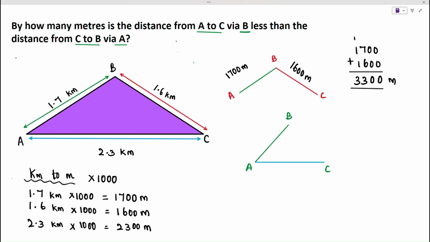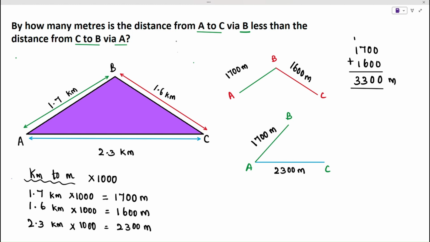Now we're going to do our second journey, C to B via A. The distance from C to A is 2,300 meters, and the distance from A to B is 1,700 meters. Now we're going to add these two distances together.